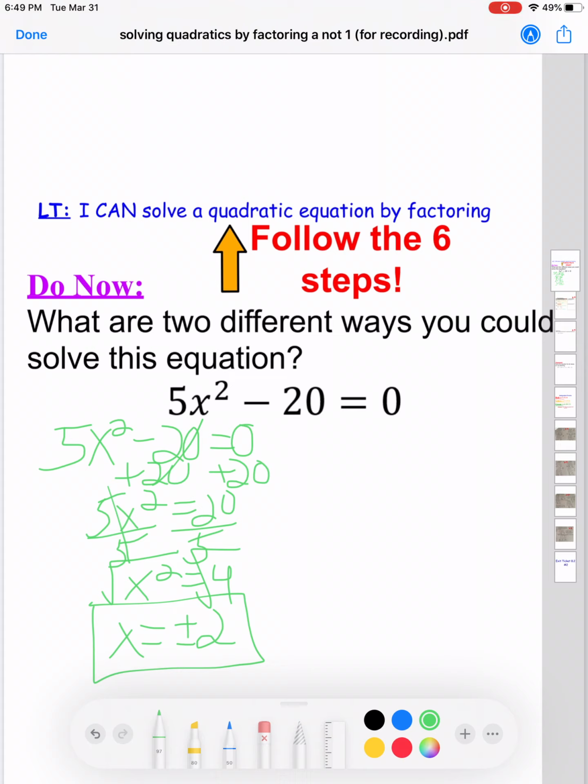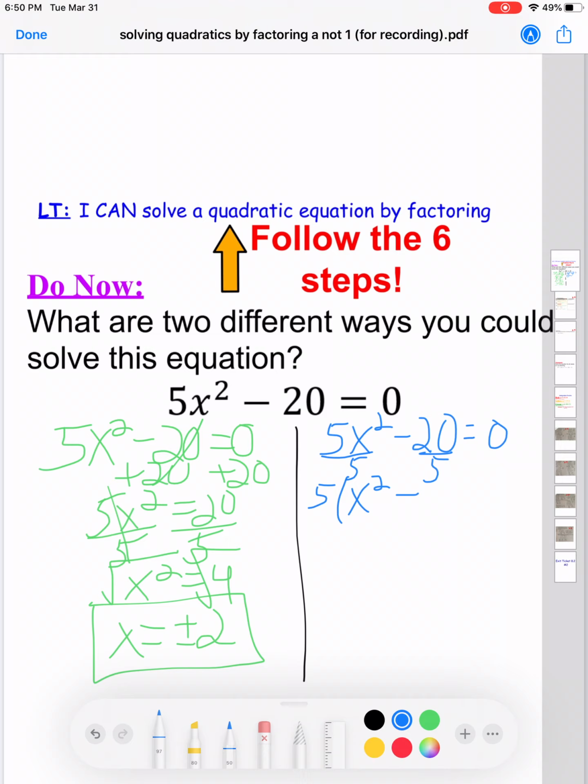Thinking about another way that we could have solved this problem, I think about factoring, which is what we've been working on in these last couple of lessons. If I look at the left side of my equation, 5x squared minus 20, I think about how I could factor that, and I notice that these both share a GCF of 5. So let's factor out a 5 from the left side of this equation.